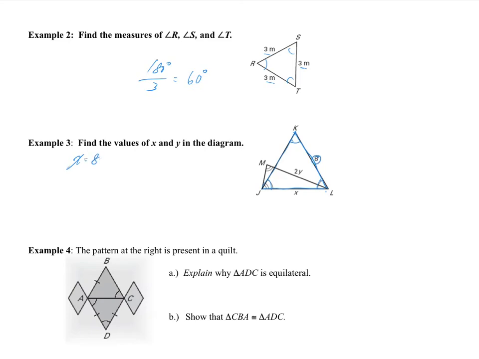Because it's 8 here, so this has to be 8, and this is also 8. And then because angle M is congruent to angle J by the double arc here, then by the converse of base angles theorem, ML has to be congruent to JL, and since x equals 8, we could set it equal to 2y, so y equals 4.